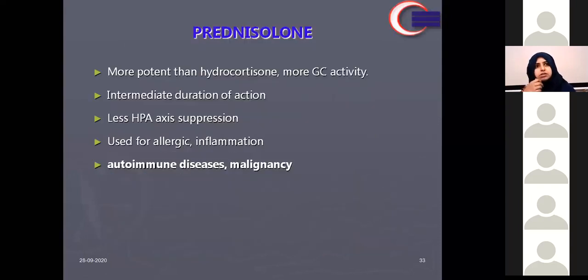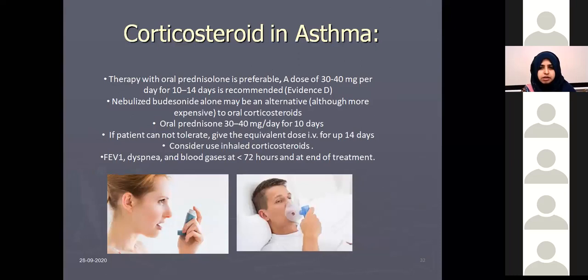The other uses of corticosteroids: in COVID, you must have read that the corticosteroid played a good role because it's a life-saving drug. In COVID it plays a role because it decreases the inflammation, so it improves the breathlessness, just like it helps in asthma.